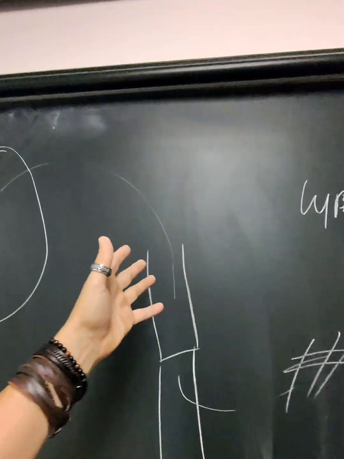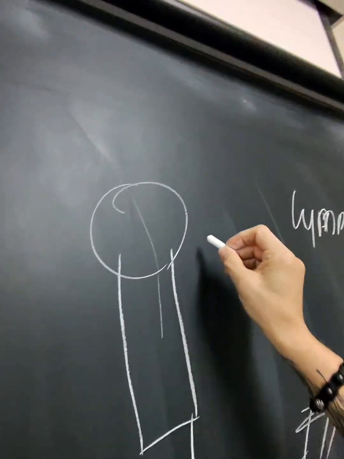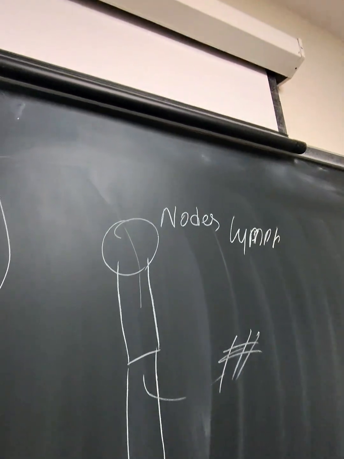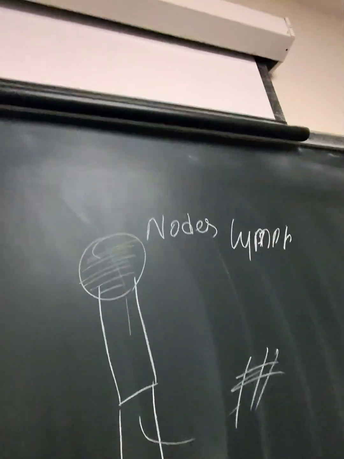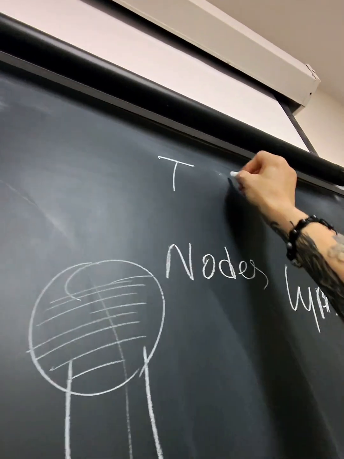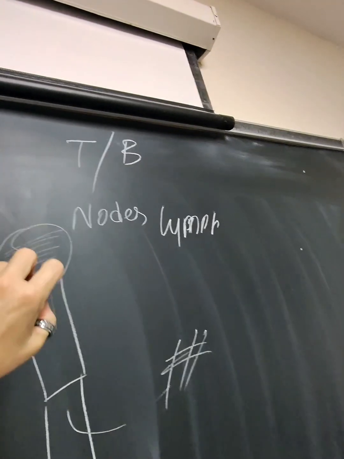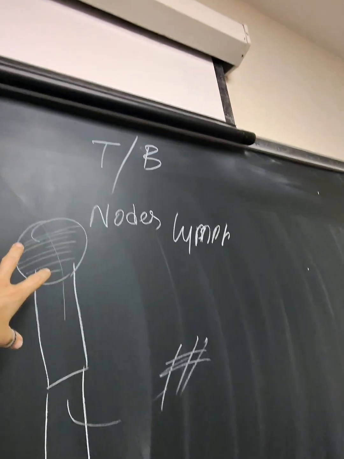Lymph is that interstitial fluid that will pass through the lymphatic vessels. And we have here our checkpoints. They call them nodes of the lymphatic system. Within those nodes, we have an aggregation of immune cells. Those are T cells and B cells that can flag the pathogen and mark it for destruction.